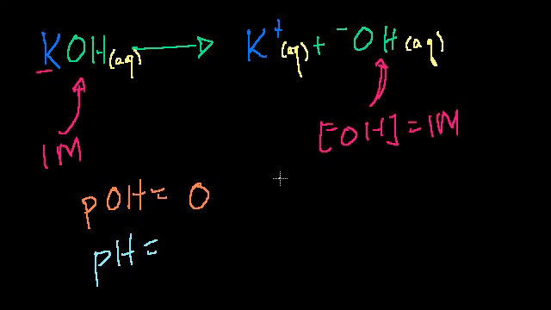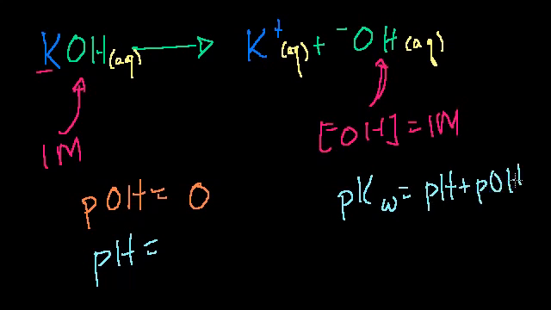Well, you remember at 25 degrees Celsius, the equilibrium constant of water is equal to the pH plus the pOH. We showed that at the beginning of the video. So 14 is equal to your pH plus 0. That's our pOH in this case. So our pH is 14.